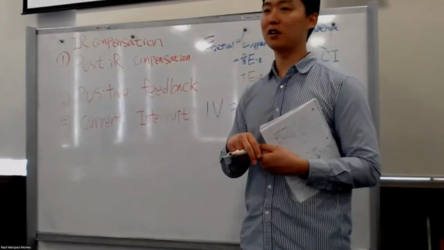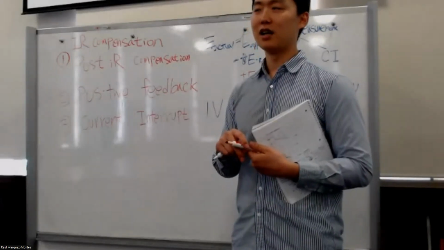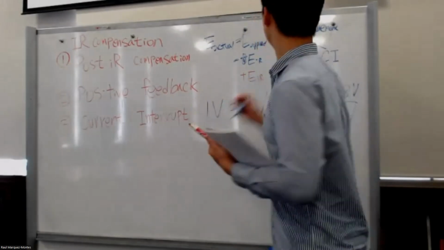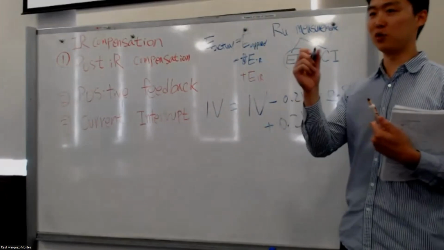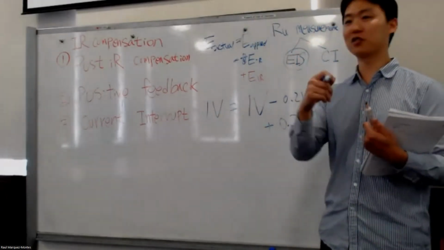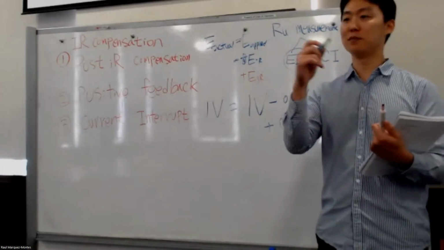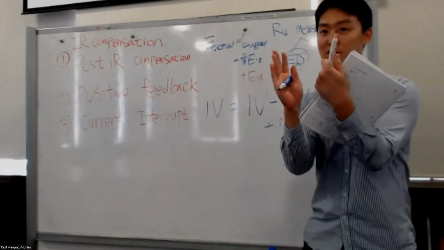Automatic IR compensation, I think it only does it at one frequency, right? A narrow frequency range. They do the impedance analysis using the software really quickly. Instead of actually conducting impedance analysis and getting the whole impedance signal, the software itself does a quick impedance analysis and gets the RU value at the really high frequency region.